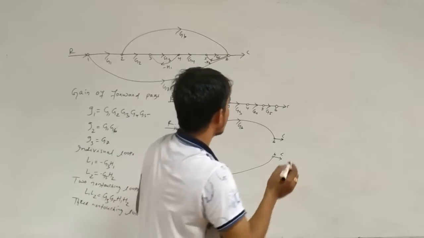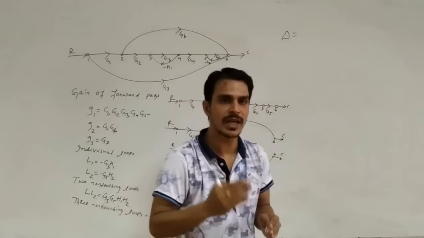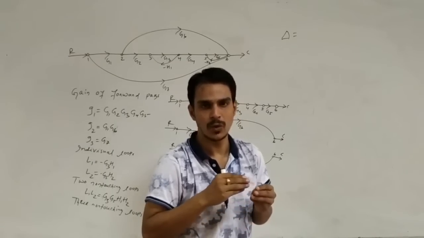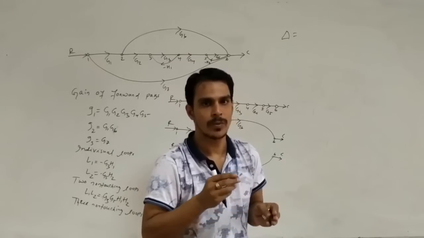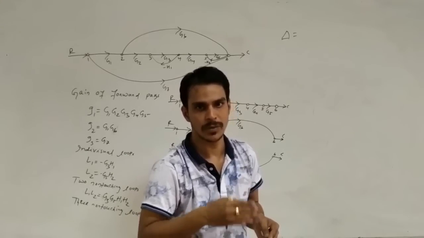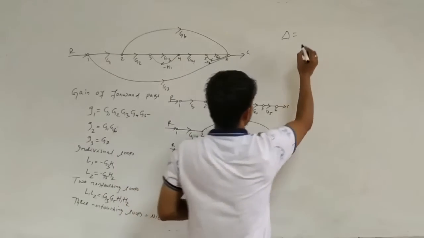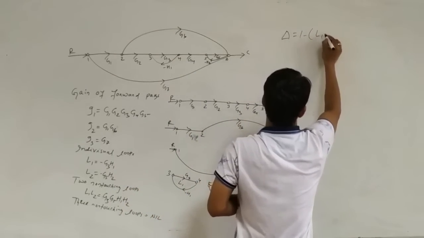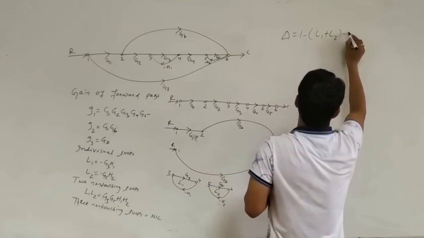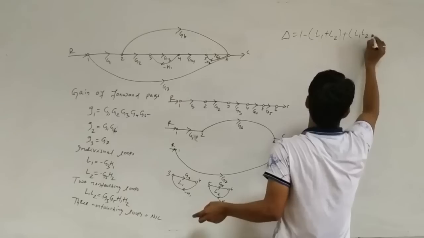Now we have to find delta. Delta equals what? Delta we have already discussed. Delta equals 1 minus sum of individual loop gains plus sum of all possible gain products of two non-touching loops minus sum of all possible gain products of three non-touching loops, and so on. So here, individual loops, that is L1 plus L2, plus two non-touching loops, that is L1 L2.